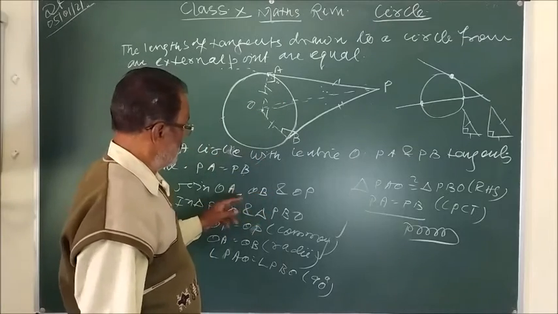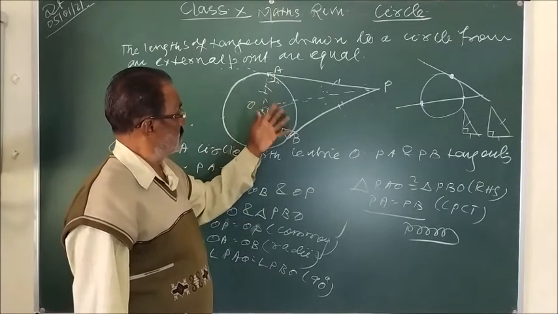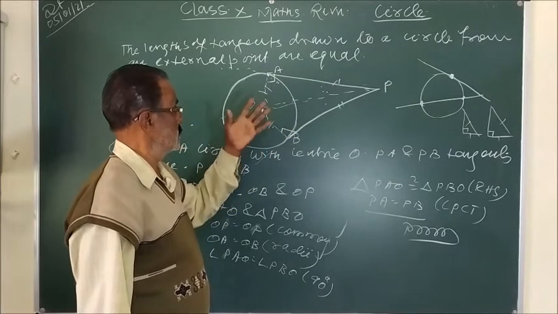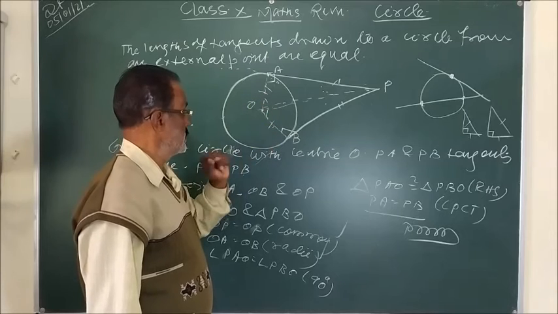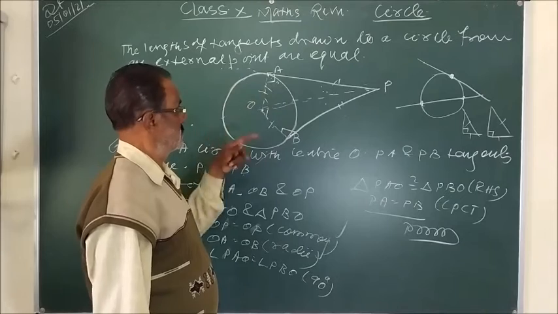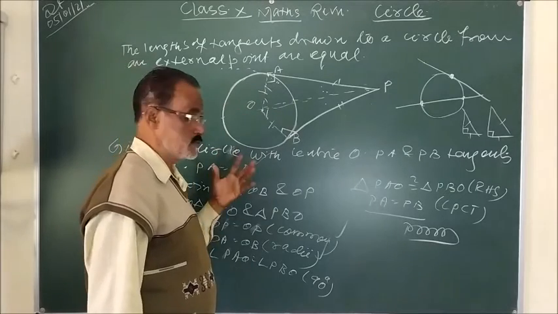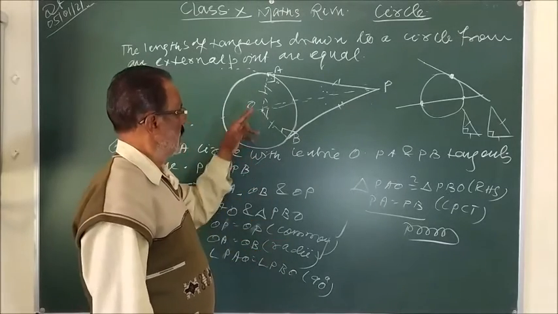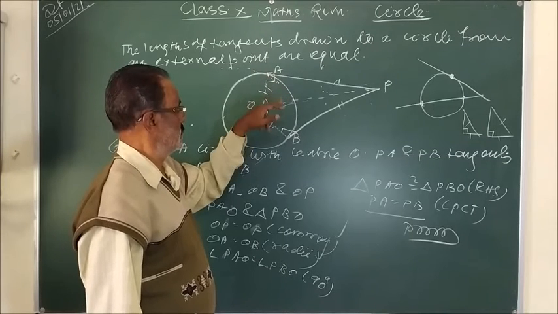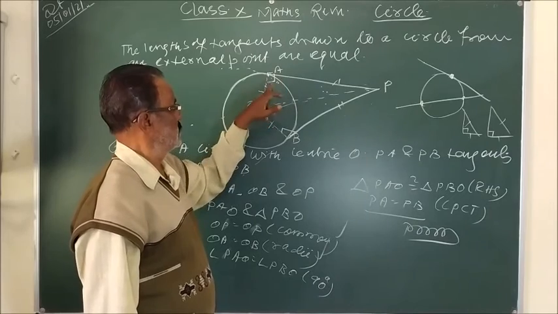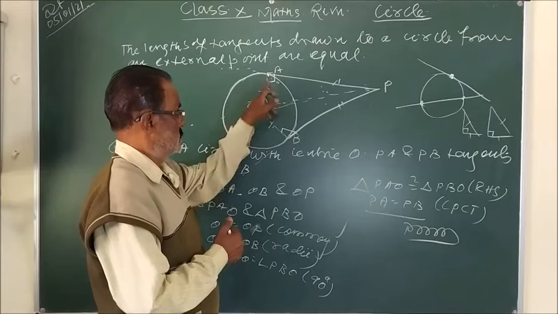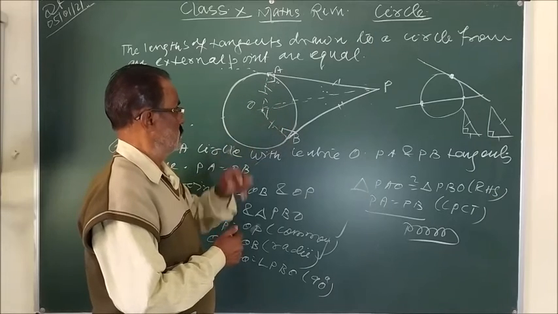OP is equal to OP, it is very clear from the figure. OP is common for both triangles. And OA is equal to OB, the radius of this circle; all the radii drawn to a circle are equal. And this angle is 90 degrees by the first theorem, so they are equal.